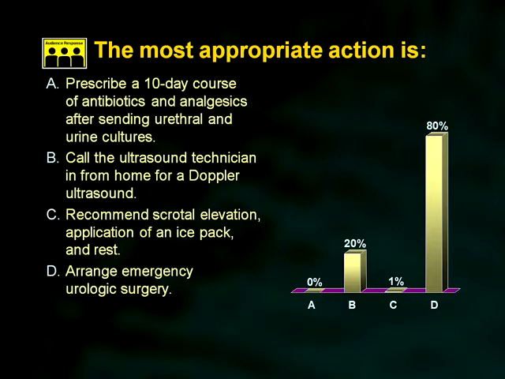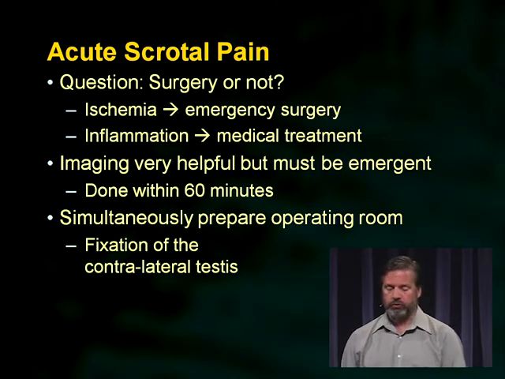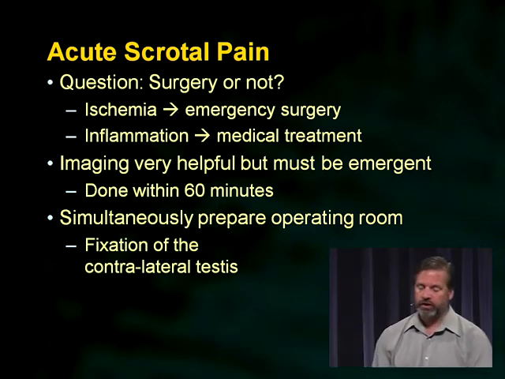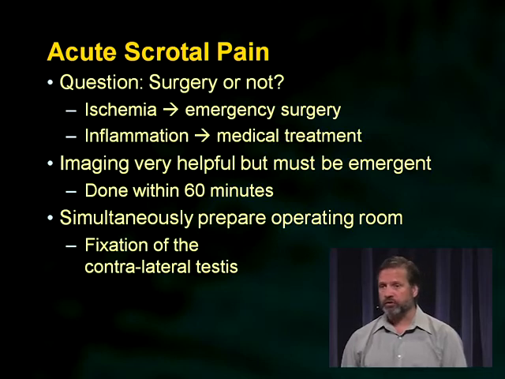If your ultrasound tech can be in within 5 minutes, it will help you with a definitive diagnosis. But if there's any question about whether the ultrasound tech can get in and get the test done within a very quick period of time, choice D is right, because you need to proceed right to the possibility of surgery. So the question with acute scrotal pain is always going to be surgery or not. And the answer is not always surgery.